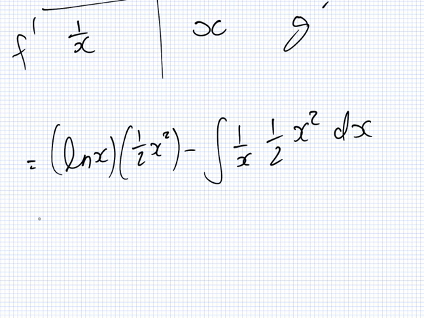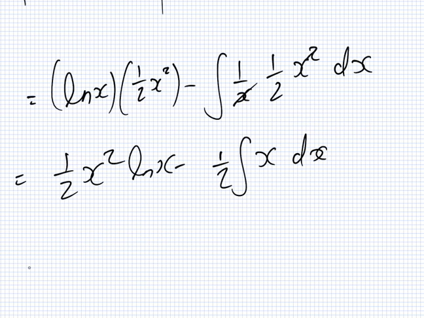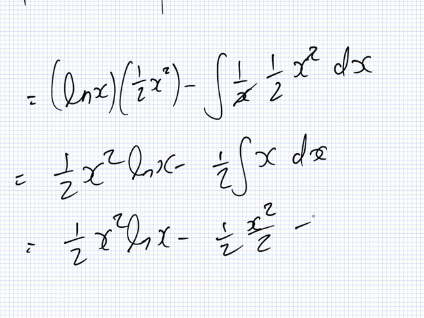I can simplify this a bit. A half x squared log x minus a half x dx, because that will cancel with that. So this is a half x squared log x minus a half x squared over 2 plus c.